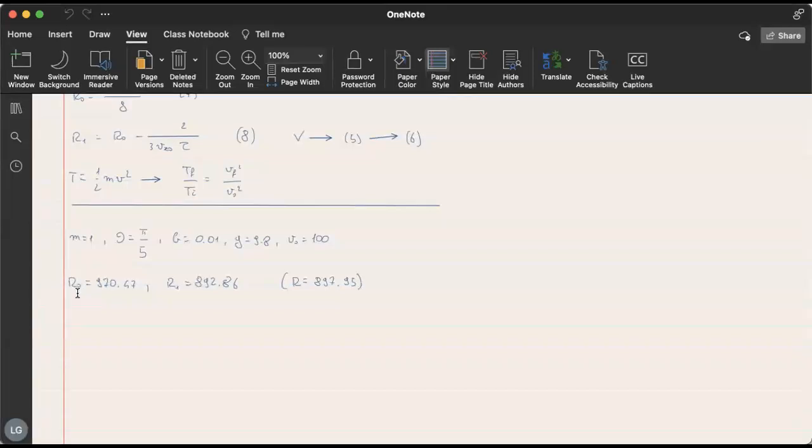And then we're asked to figure out the velocity when the object gets to the bottom. So I just replace, as I said, in equation 5 to find the time.